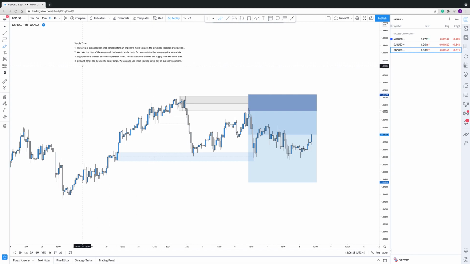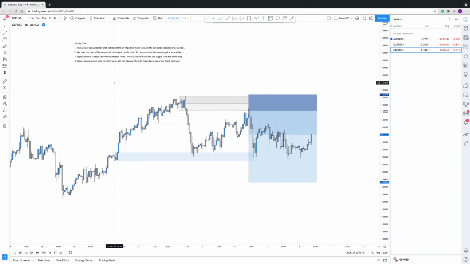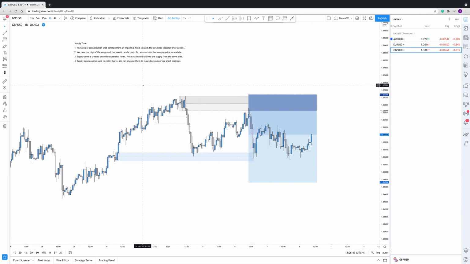Okay, so number 4, I need to change this. That says demand, supply, and this bit here. So supply zones can be used to enter shorts.